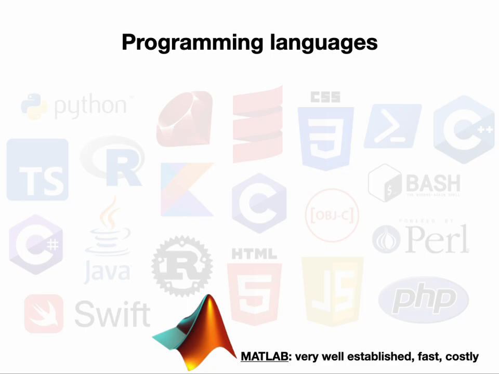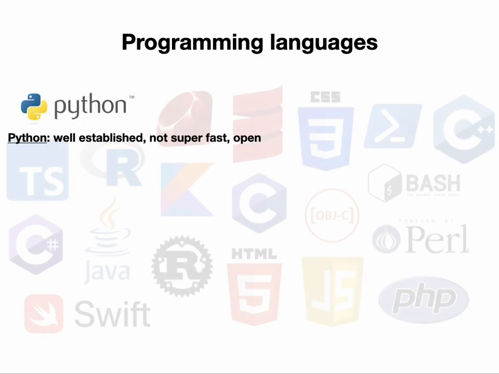It's actually very costly. As a student at Goethe University, you're quite lucky to have licenses provided to you by the university. But if you go out of the university, then you would have to pay for a license yourself for MATLAB, which is very costly. So we may not use it during the lecture.